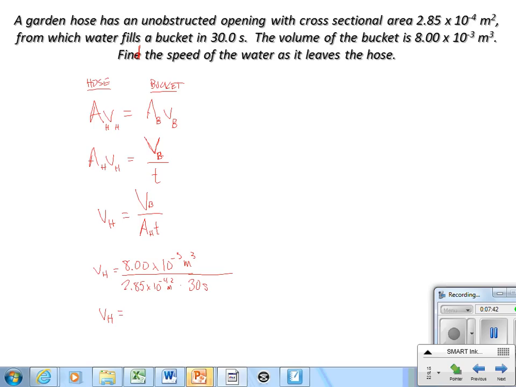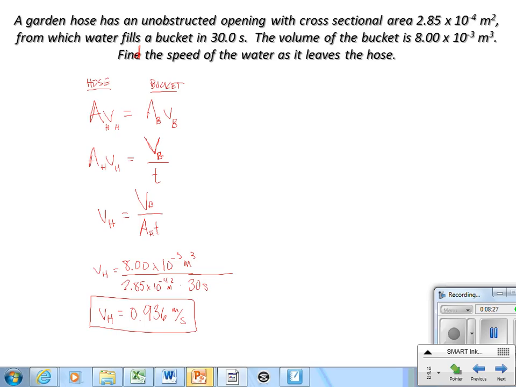That gives the velocity in the hose. So I get 0.936 meters per second. What do you think?